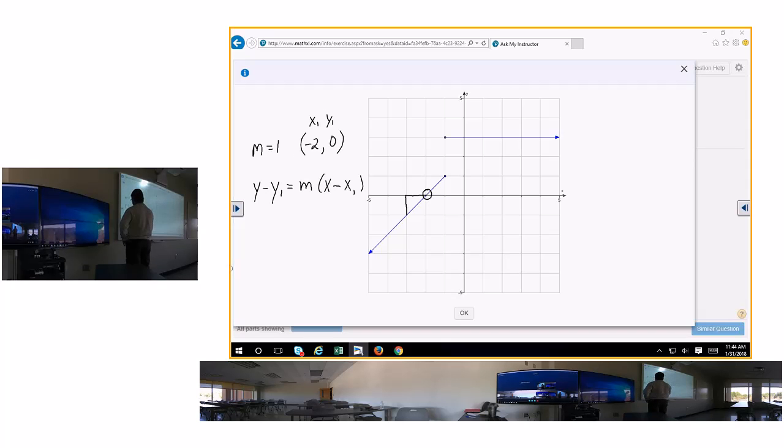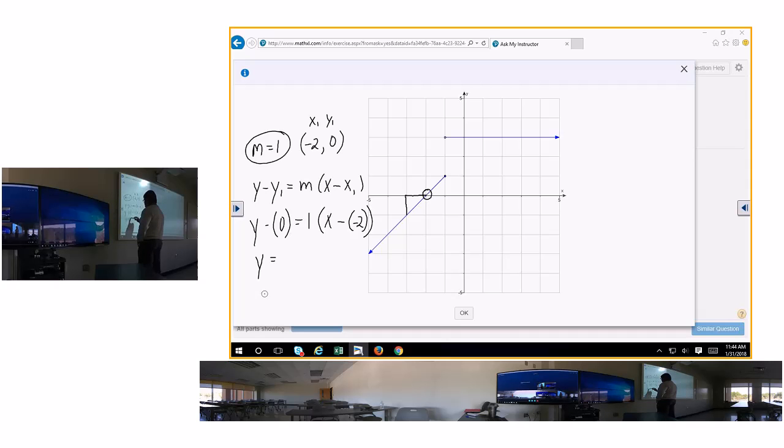Plug and chug. y minus parentheses, and that y sub 1 is 0, equals 1, because m is equal to 1, times x minus -2. So y minus 0 is y, equals 1 times x plus 2.